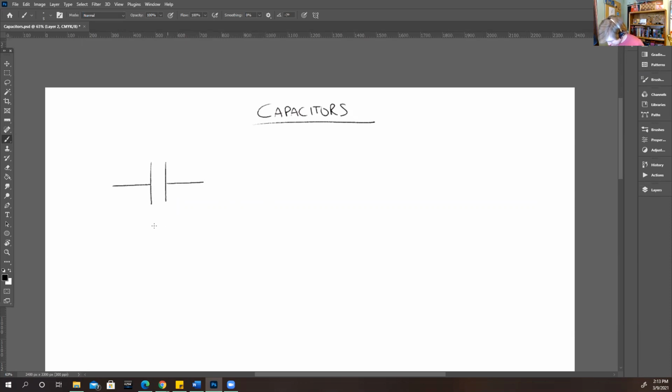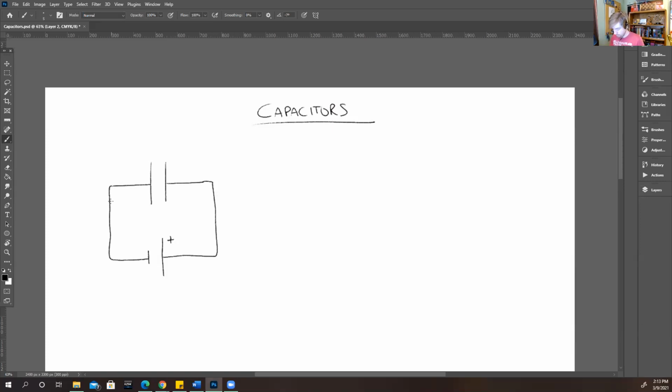No, I could have them like this. Let's hook it up to a battery. The battery is like this. Like that. Okay.